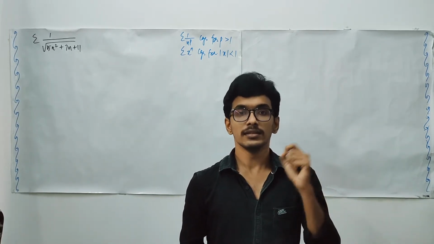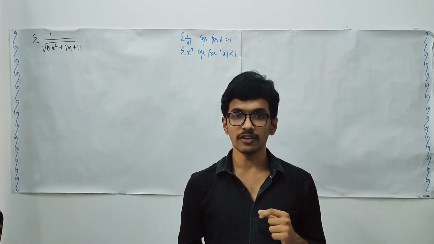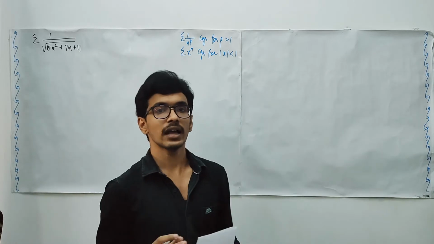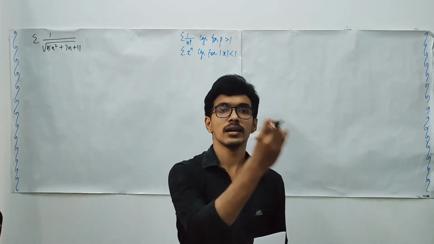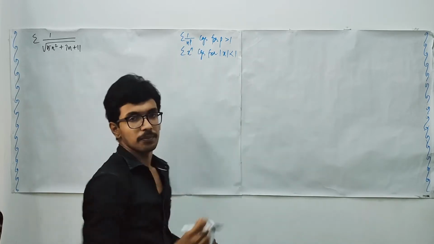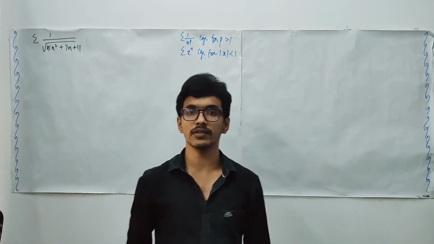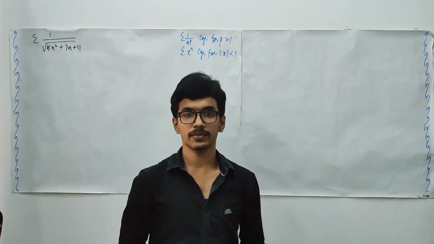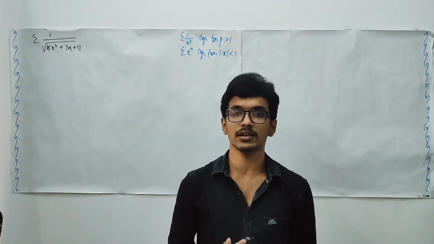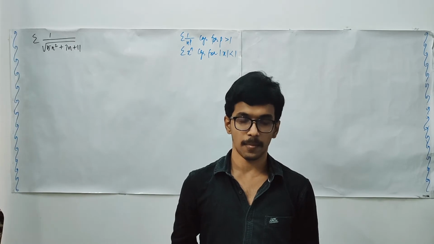The series that we are going to identify must be clear to us, which means we will have to try and get some series of this form, because we know about the convergence of these two series. So with the help of these two series only, we are going to study the convergence of the upcoming series.